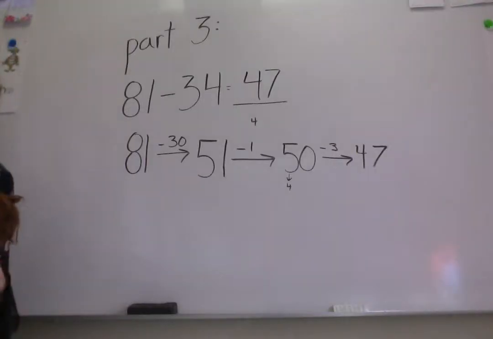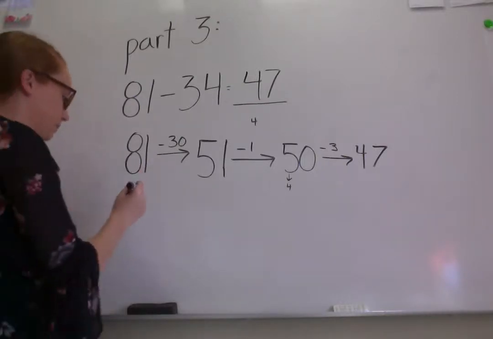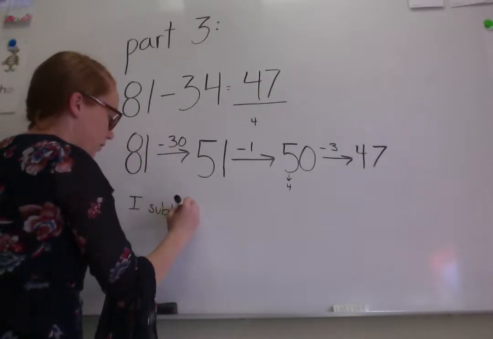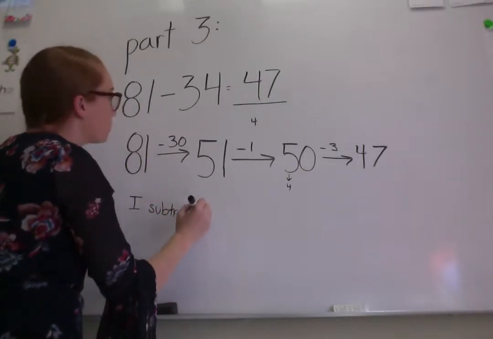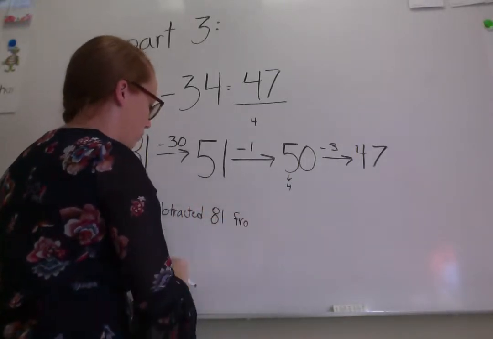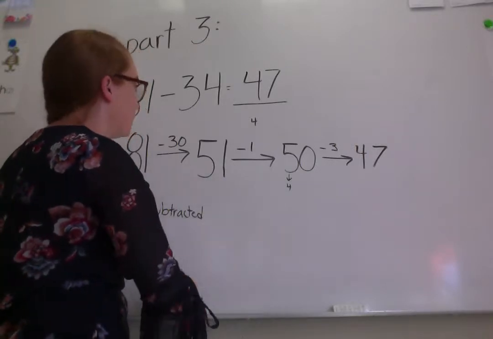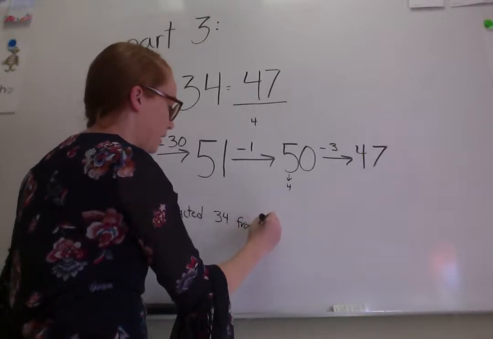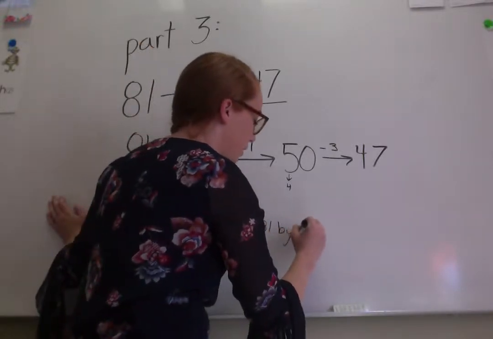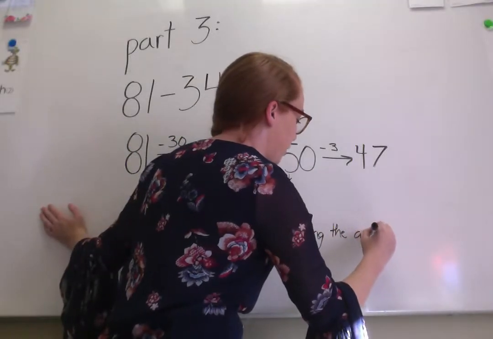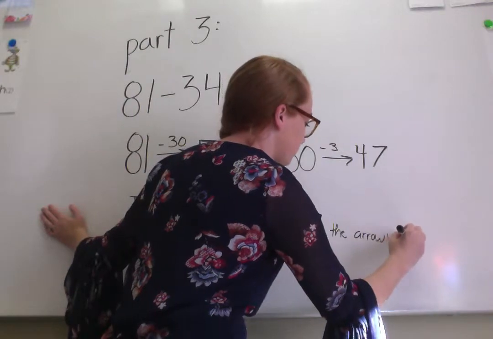Alright, so there's one example, but it also says you have to explain. So I would say, I subtracted 34 from 81 by using the arrow way.